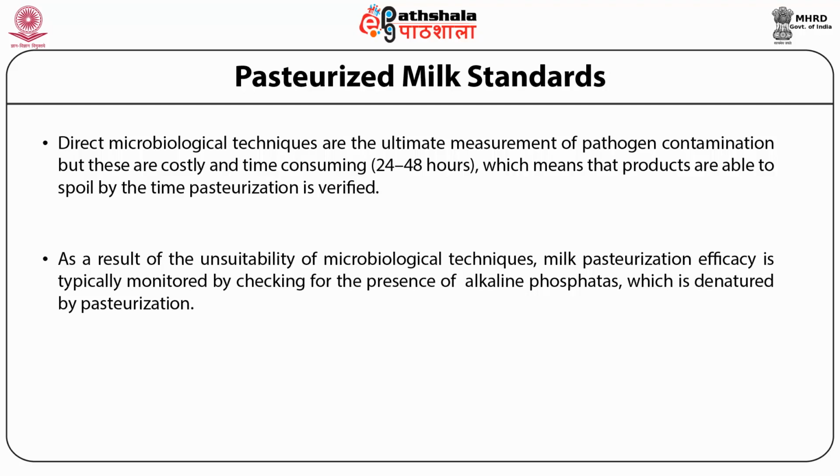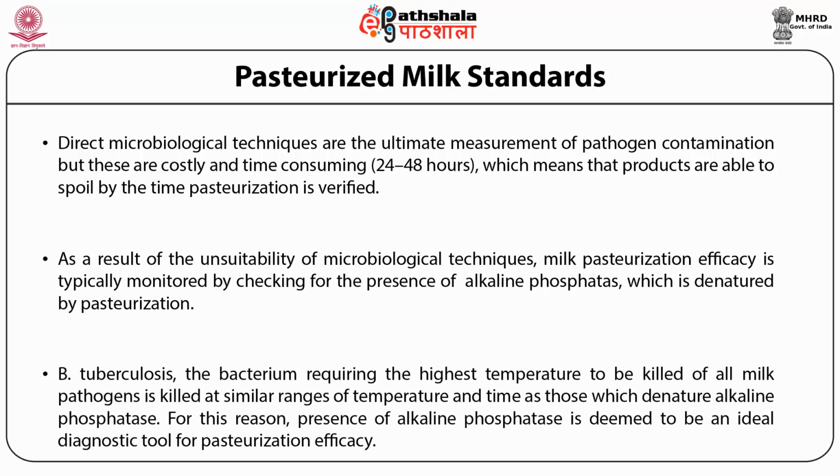Alkaline phosphatase is the enzyme which is highest heat resistant, and the time and temperature ranges which denature alkaline phosphatase are similar to the ones required to kill B. tuberculosis, that is the bacterium which is a pathogen and which requires the highest time temperature combinations to be killed.